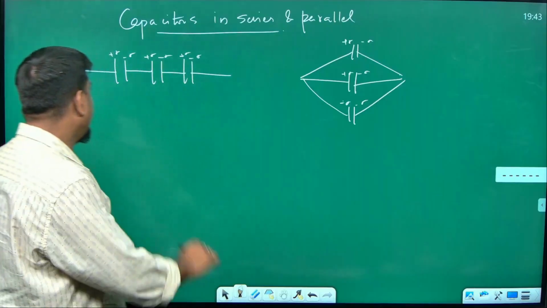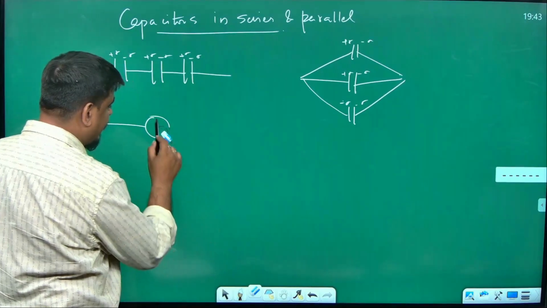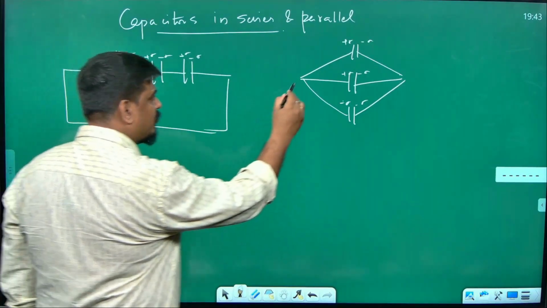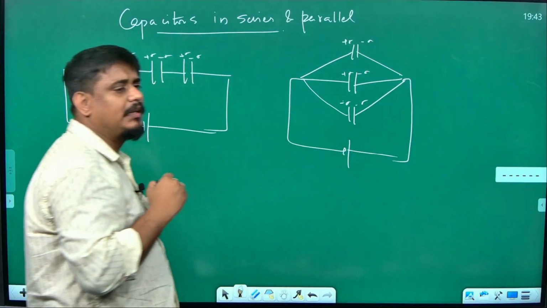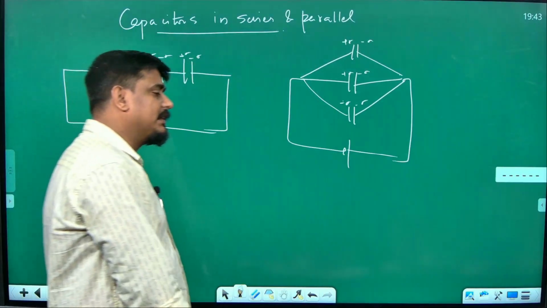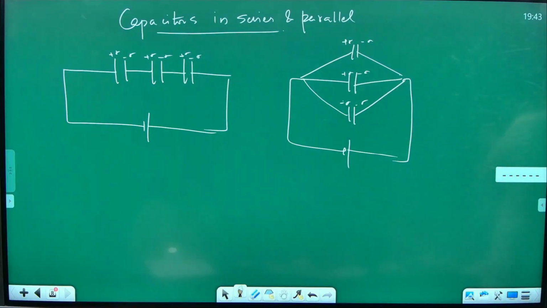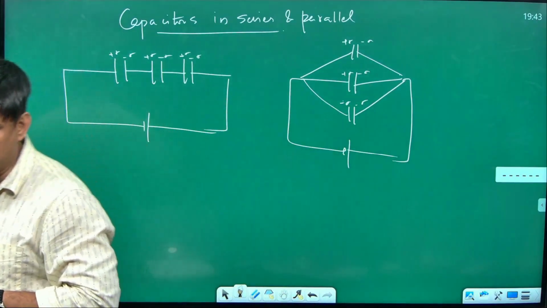Now, the moment I apply external potential, here I can put a battery to provide the external potential. In the same way here also I can put a battery, because I know that the moment I provide the potential, charge flows, the capacitors become charged, and then energy is stored inside the capacitor. That is the use of a capacitor.